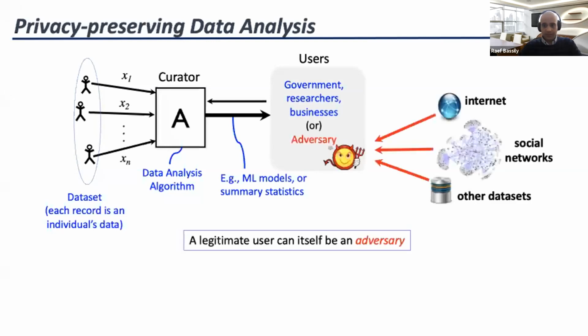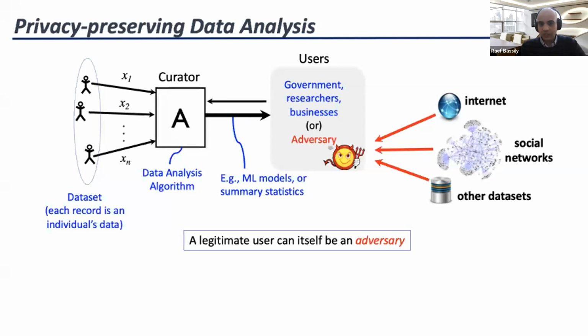The main challenge here is that a user may abuse the results of such analyses to try to extract sensitive information about some individuals in the data set. And this is indeed possible with the help of side information that this user can collect about the target individuals from external information sources like the internet or social media or other public data sets.